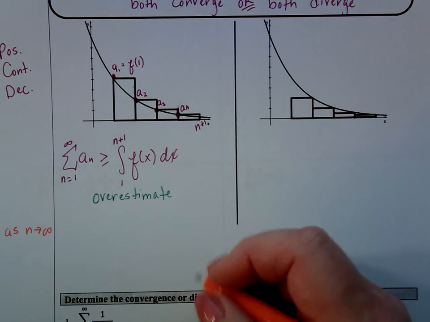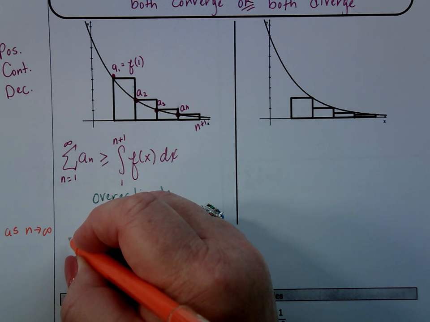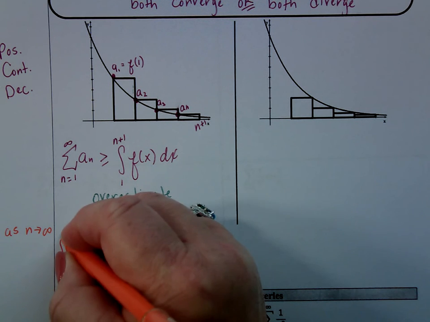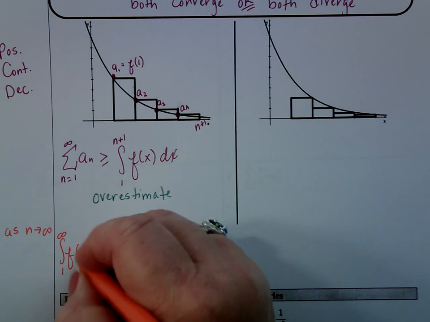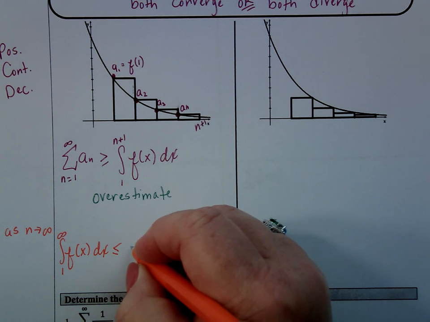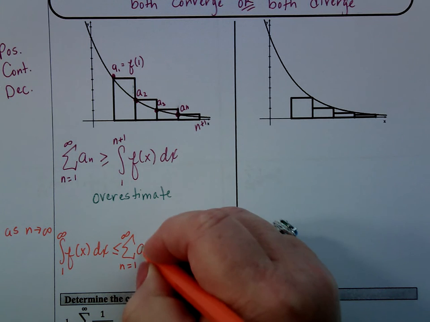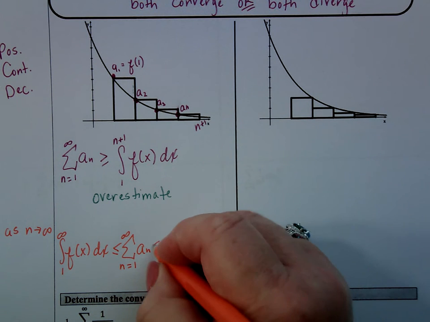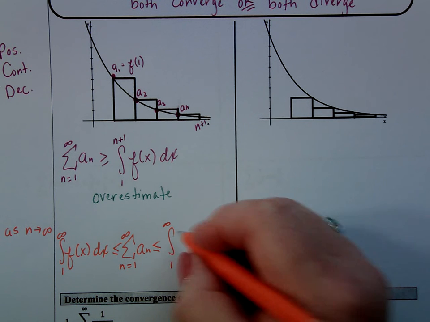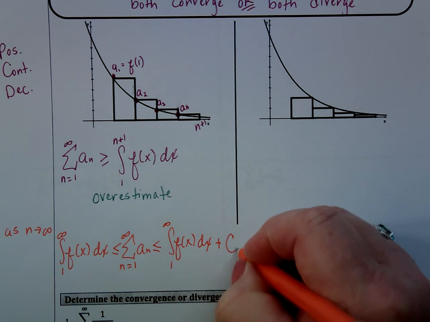There we go. I would have this statement, kind of like, now I'm bringing in the sandwich theorem. Ooh, gosh, remember these things from back in the day. The integral from 1 to infinity of f of x dx is less than or equal to the sum as n equals 1 to infinity of a sub n, which is less than or equal to the integral from 1 to infinity of f of x dx plus some constant.